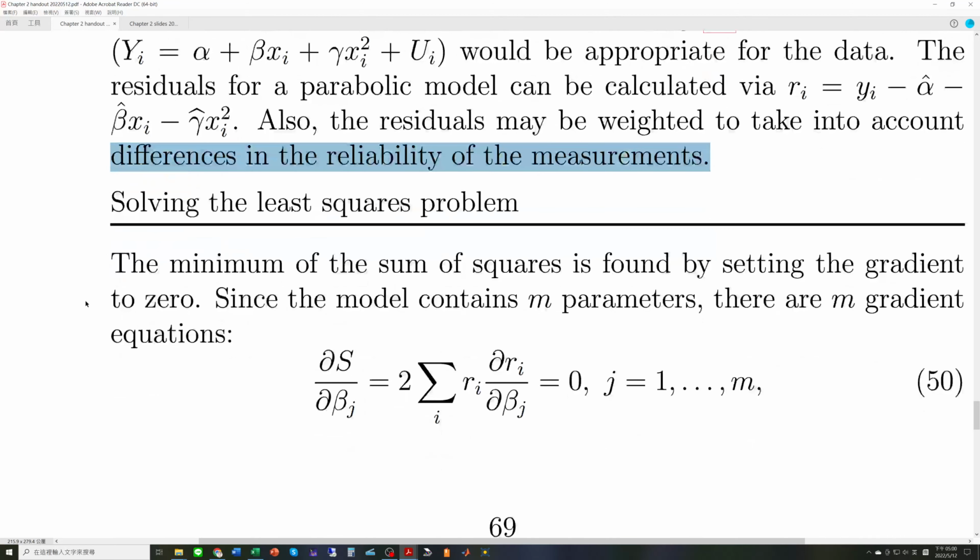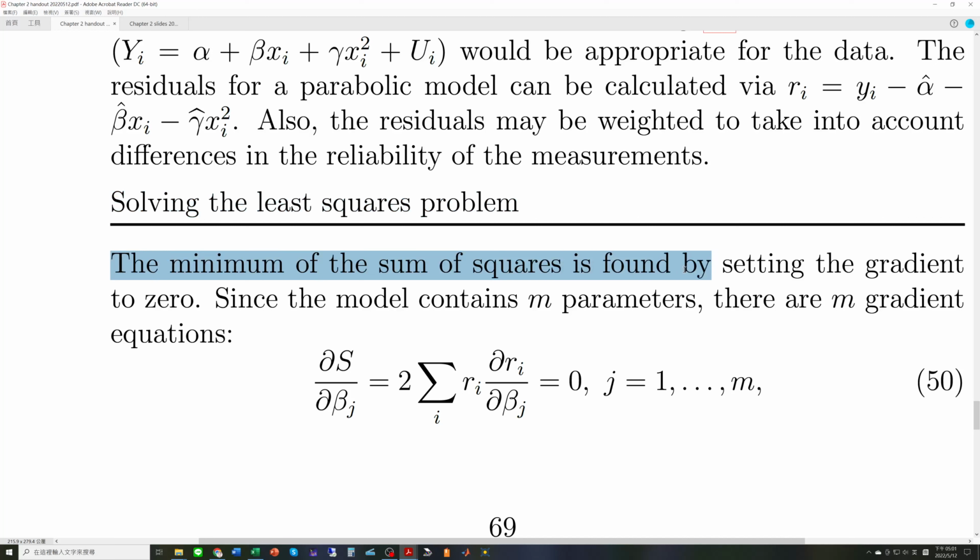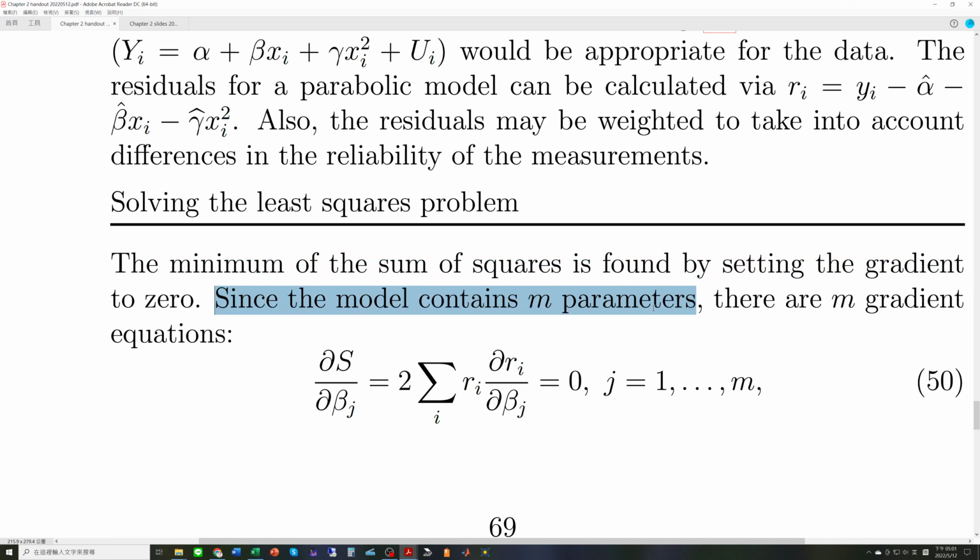Next, let us look at how to solve the least squares problem. The minimum of the sum of squares is found by setting the gradient to 0. Since the model contains m parameters, there are m gradient equations.